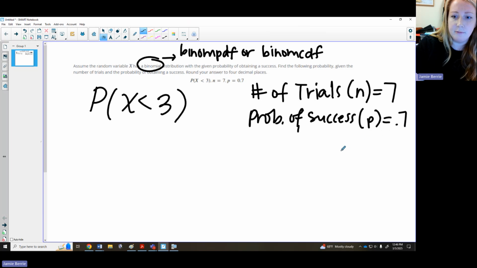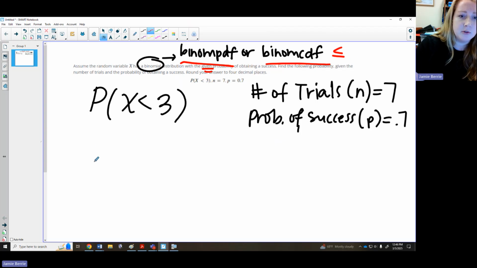So do we want to do binom PDF or binom CDF? We've got to think, is this an equal to problem? If it's an equal to problem, you do binom PDF. If it's a less than or equal to problem, you do binom CDF. All right, so we have a less than problem, which means that we should choose the binom CDF, but we are going to have to make some adjustments.